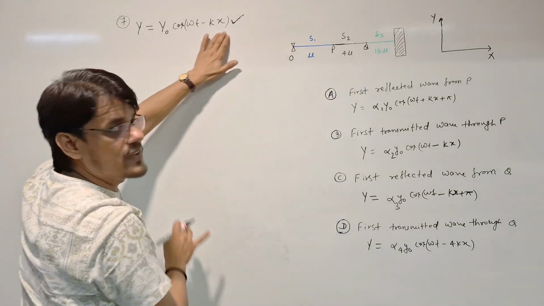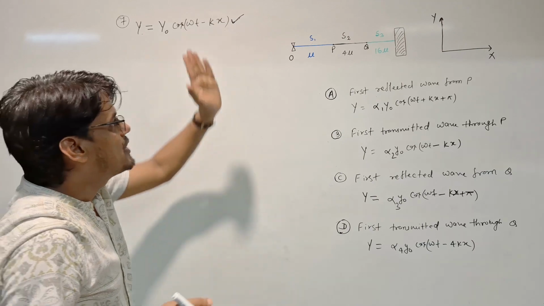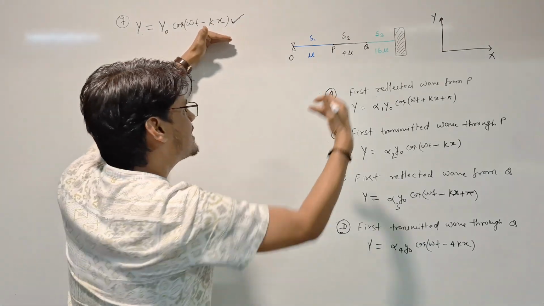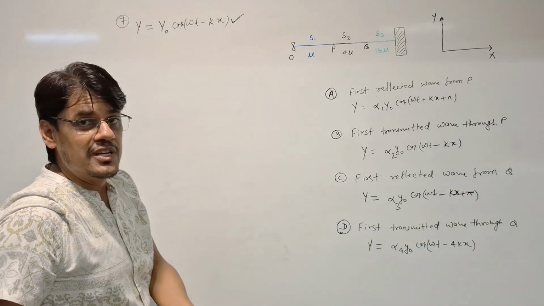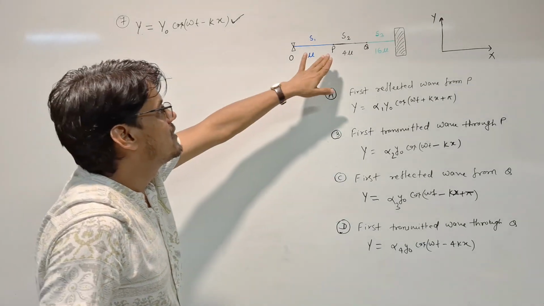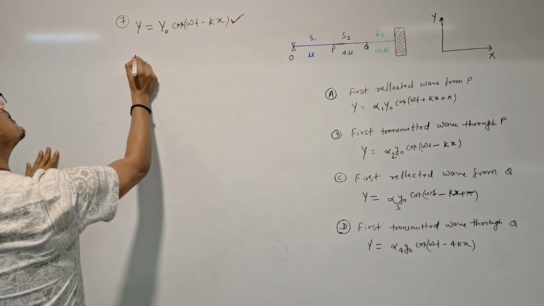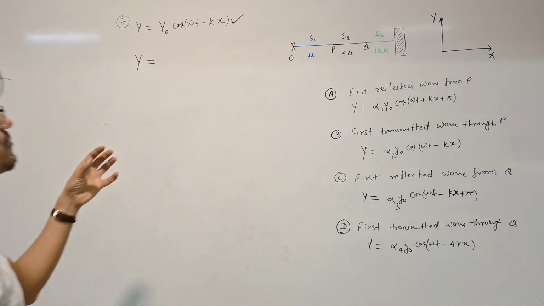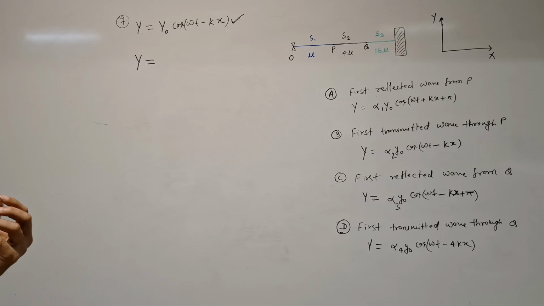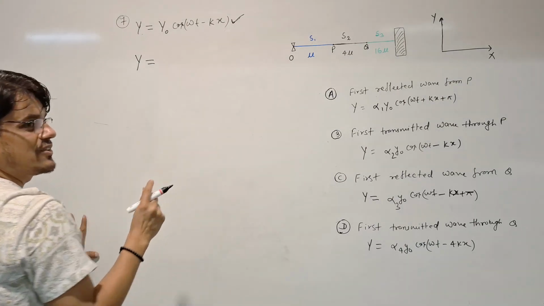As the incident wave is this one, there is a phase change of pi between the incident wave and the reflected wave. So what should be the equation of the reflected wave from P? First reflected wave from P, y is equal to, as the amplitude will decrease because energy is lost, the amplitude of the reflected wave will be different.